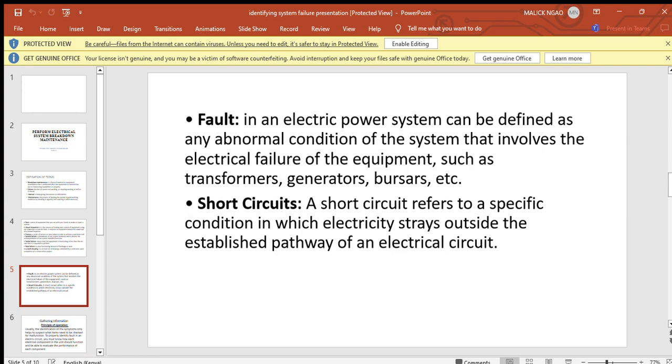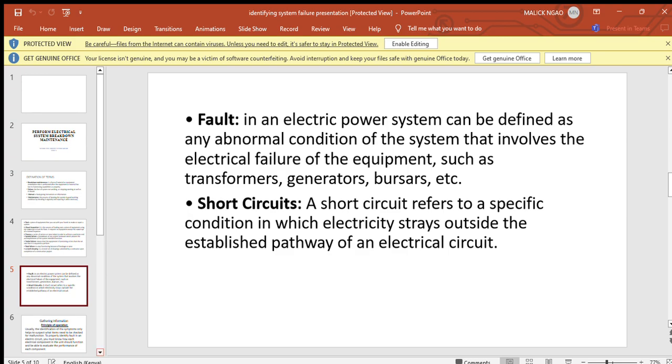These faults occur maybe through short circuiting. A short circuit refers to a specific condition in which electricity strays outside the established pathway of an electrical circuit, that is, the required path using a conductor.